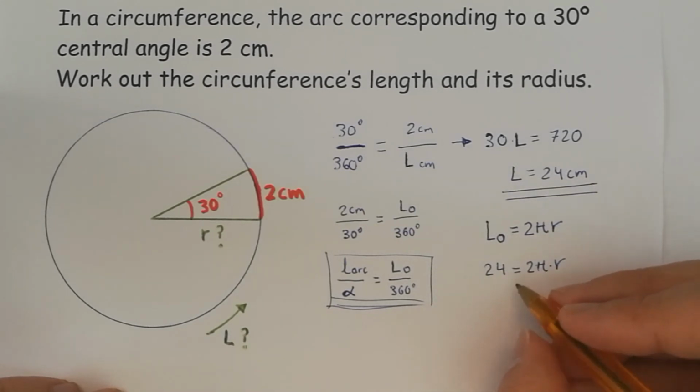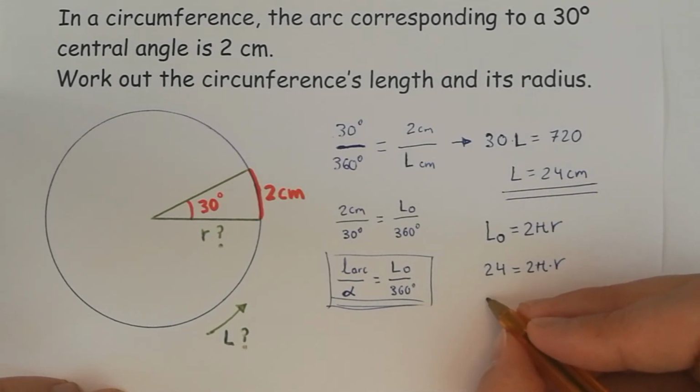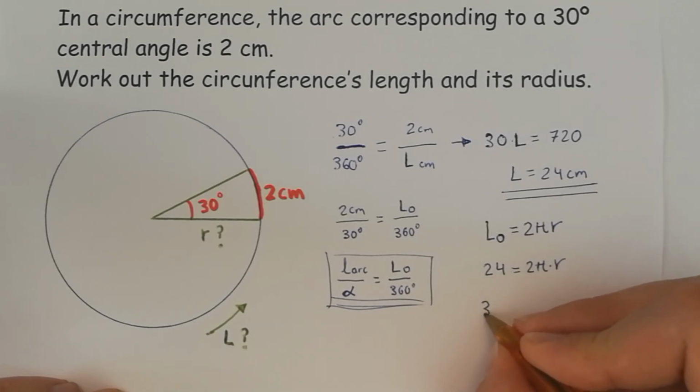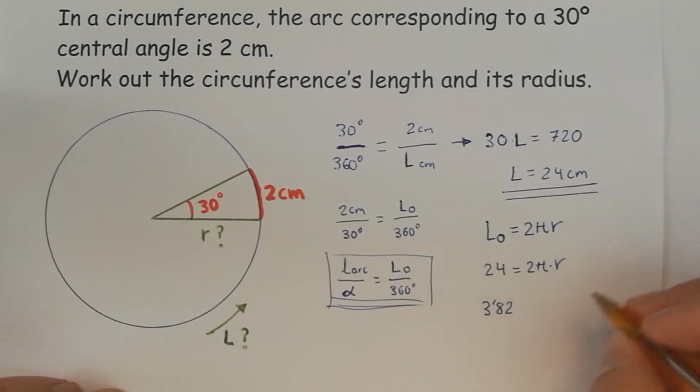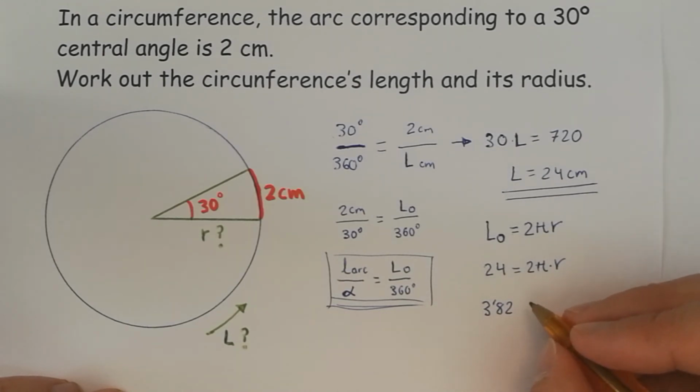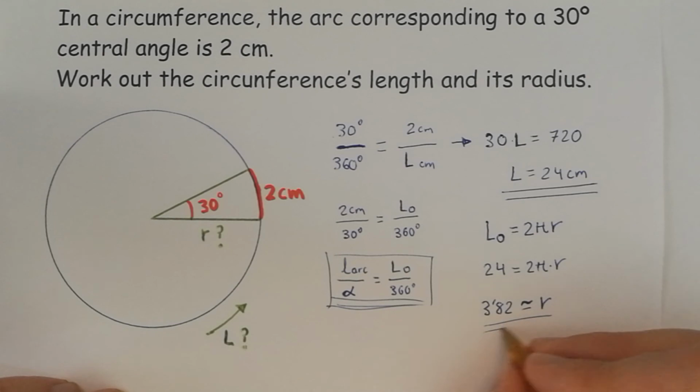If we divide in both sides by 2 pi, here we get 3.82 with many other decimal digits, but it's a good approximation. It's rounded to the hundredths for the value of r. Maybe I should write it that way to write centimeters.